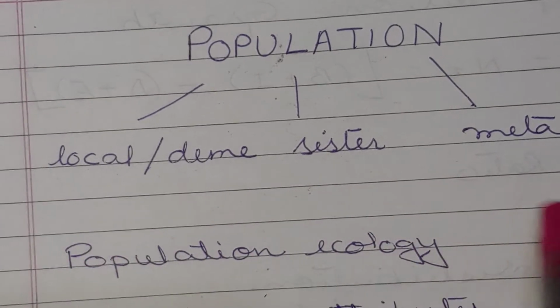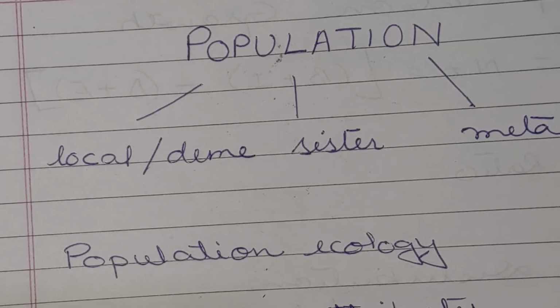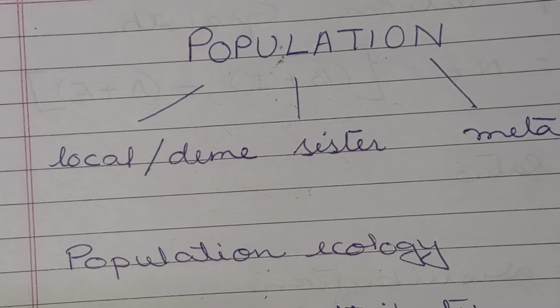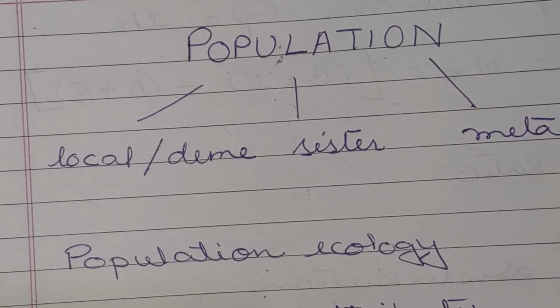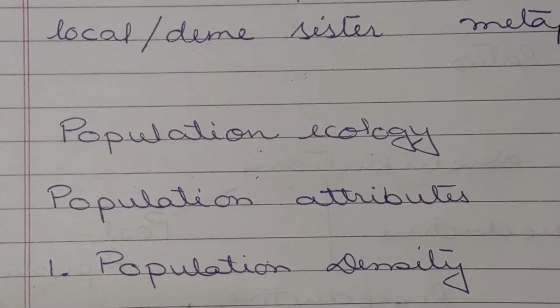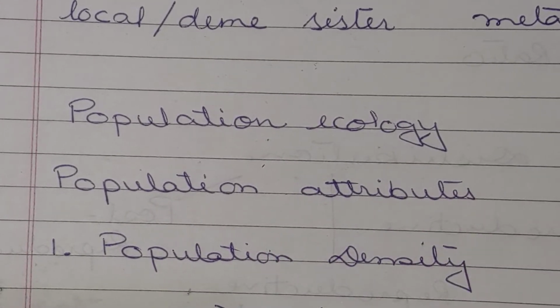So these are the three different types of populations which we observe while studying population. Then the study of all the aspects of a population found in an area and the various environmental factors that are influencing the population is known as population ecology.